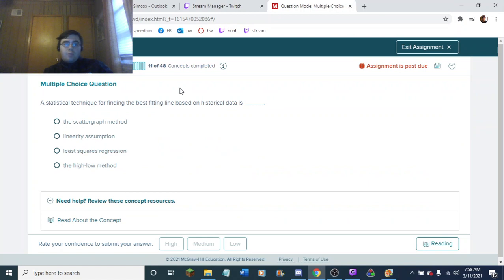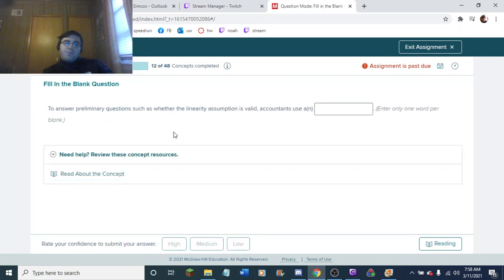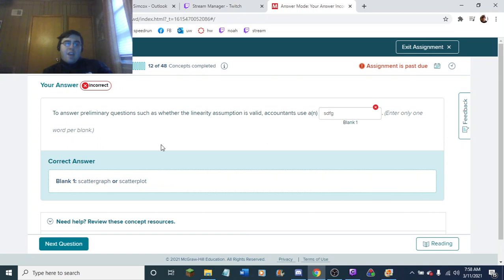Nice. Scatter graph. So B is the slope of the line, and it's the variable cost per unit of activity. Don't know. They use a scatter graph. Again, are you kidding me?